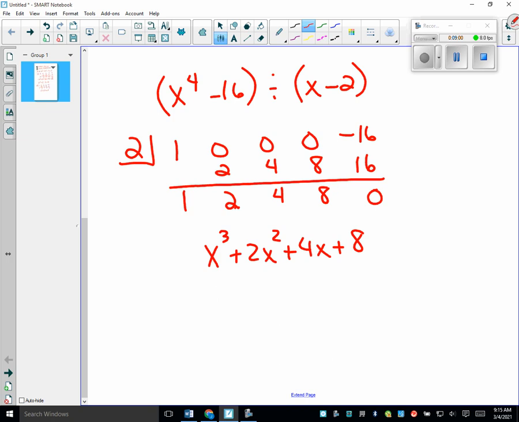Was that one better? Really, you just set it up and go. Okay, everybody okay with that before we move to synthetic substitution?